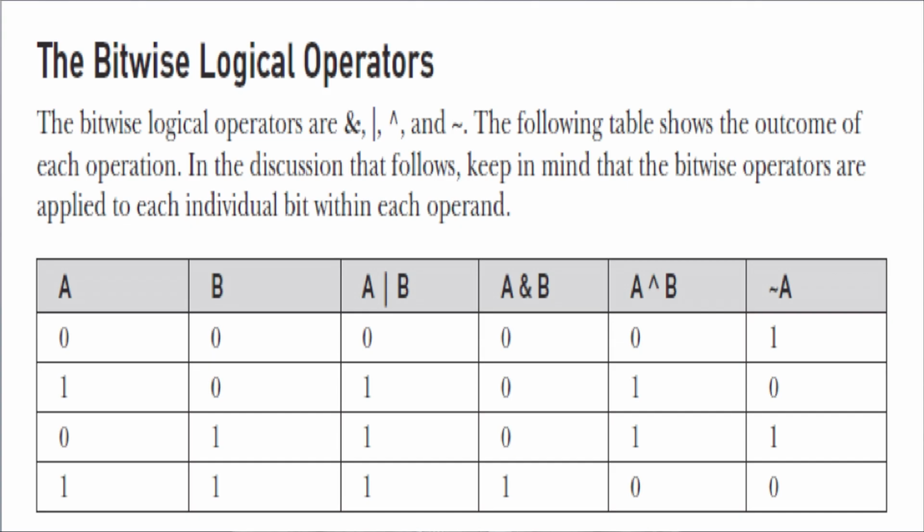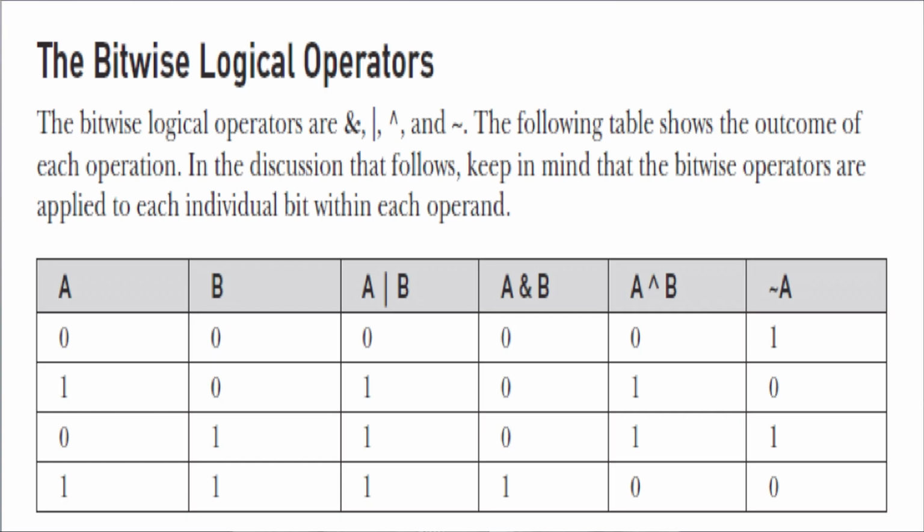In the first case, 00, A is 0, B is 0, so it will display 0 in case of the OR operator. The OR operator is just like a sum of 2 bits. If any one bit of A and B is 1, it will display the output 1.